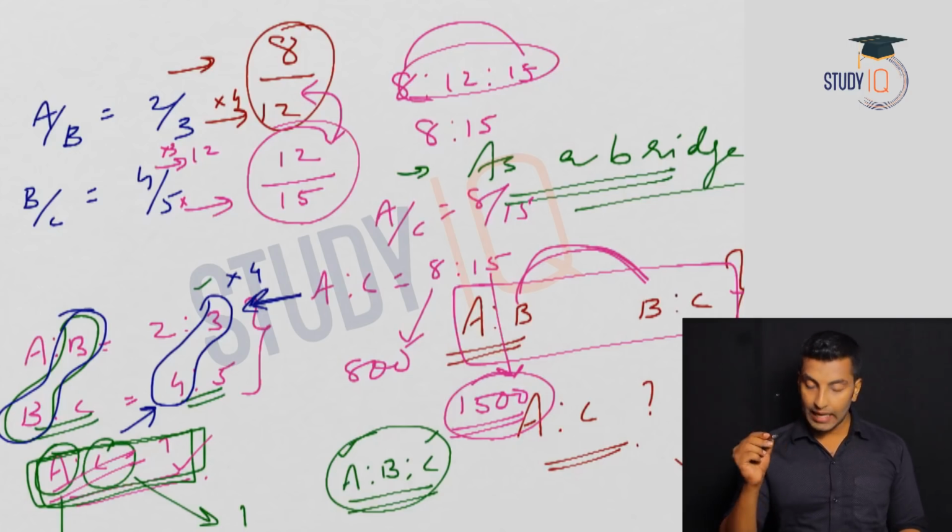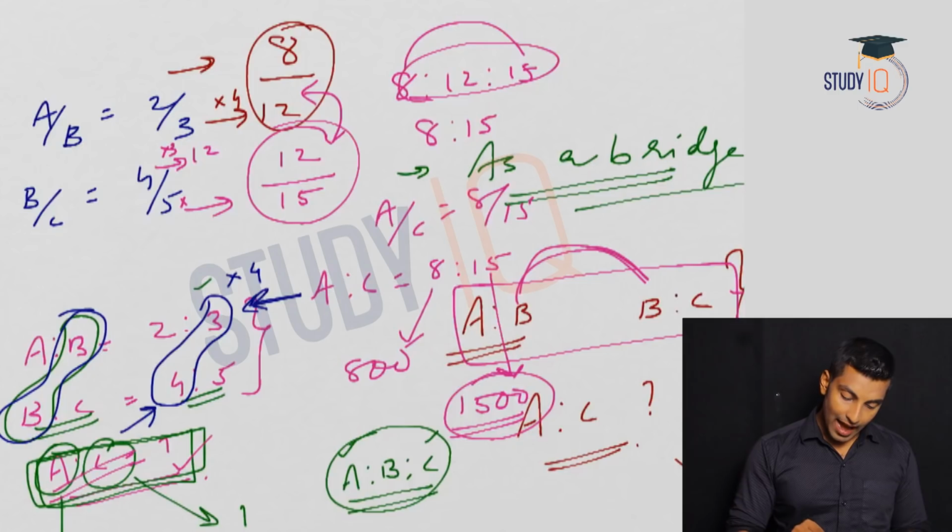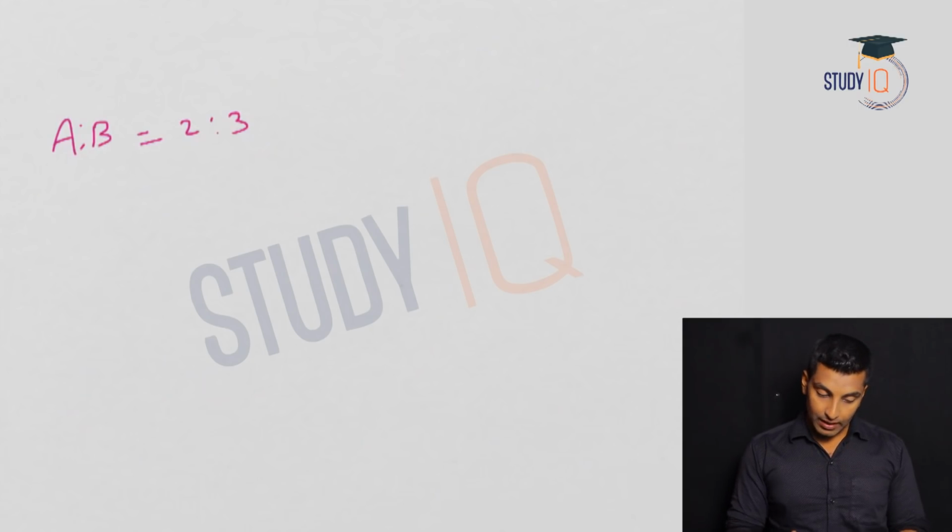Now here we have seen three quantities, and it's easy to use LCM, but if you have more than three quantities, taking LCM and equating it will be slightly difficult, right? So in that case, I'll give you a shortcut. See, let's suppose you have 4 ratios, A is to B is given, okay. Let's take it as 2 is to 3, then B is to C is 4 is to 5, okay.